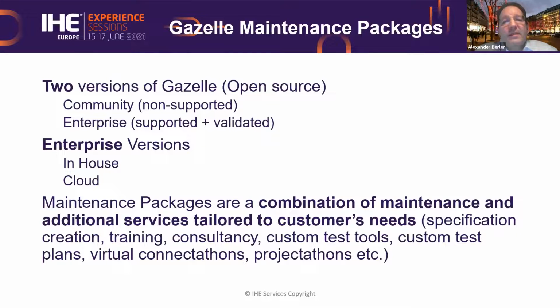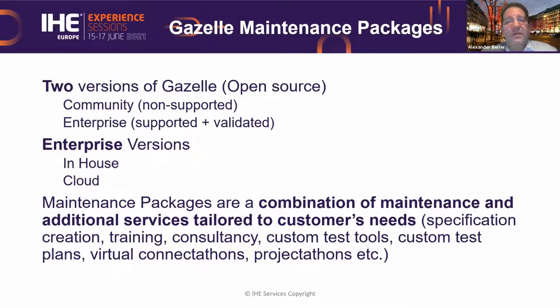So Gazelle, as you know, is open source software, so you can download all the components and install them by yourself. But usually the preferred way is to use the enterprise edition that is validated and supported by IHE services. And you can either use it in an in-house implementation, so on premises, or you can use the one that IHE services offers in the cloud.